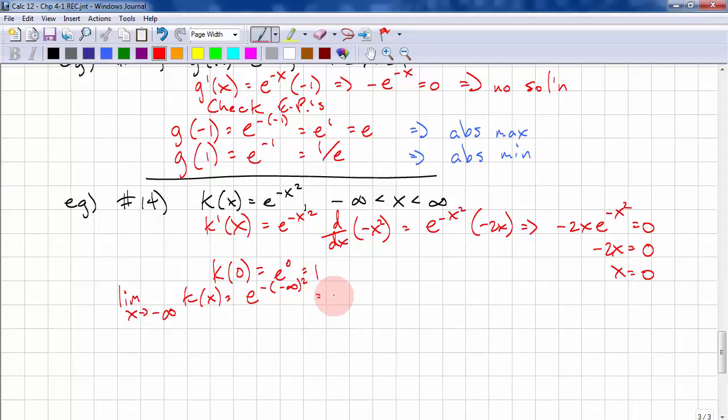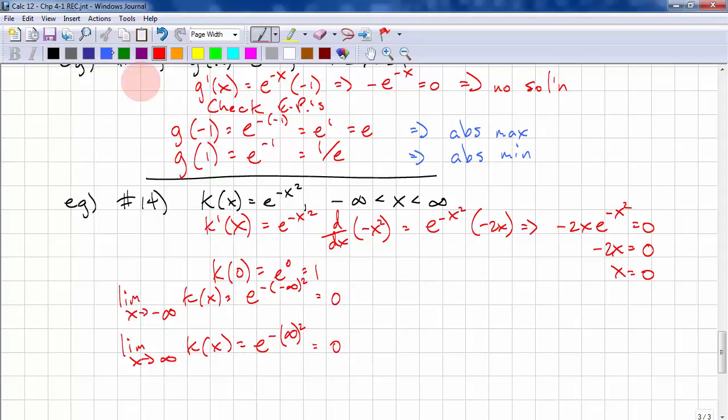Okay, so this becomes positive infinity, and then this is negative infinity, and we know that's going to be 0. Let's do the limit as x goes to infinity of k of x equals e to the negative infinity squared. Again, this is negative infinity. This one's also 0.